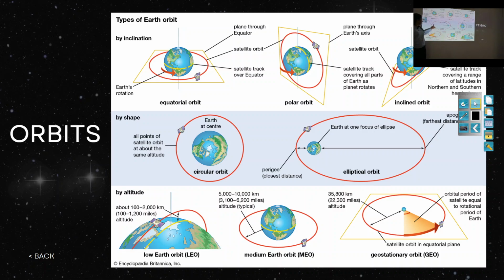These points we call foci or focus. Even the earth revolves around the sun in an elliptical orbit, not a circular orbit, and the sun is at one of the foci. Similarly, some satellites we place in the elliptical orbit.